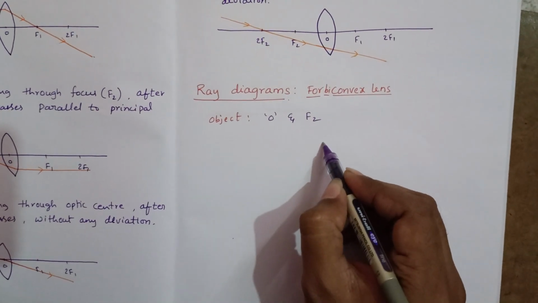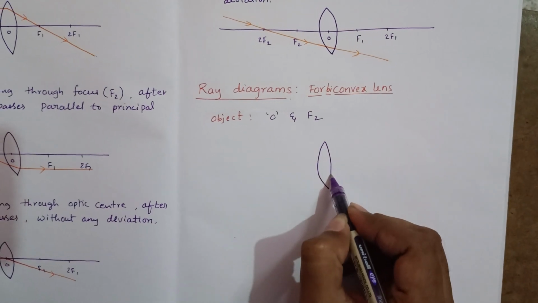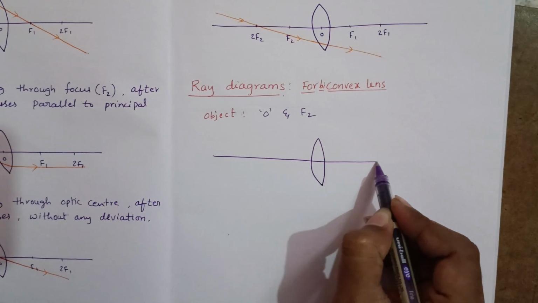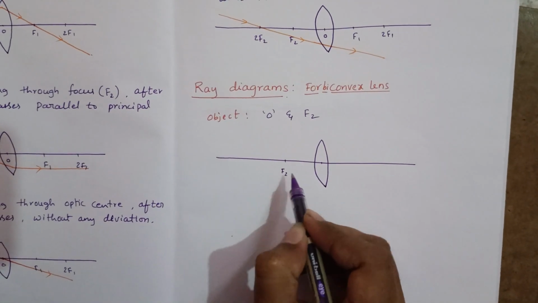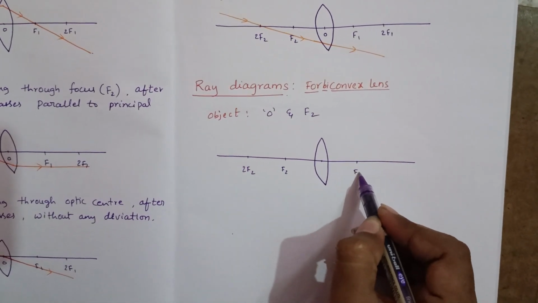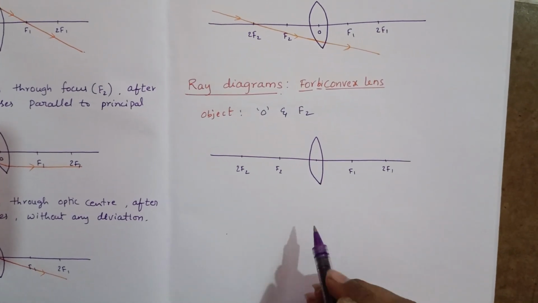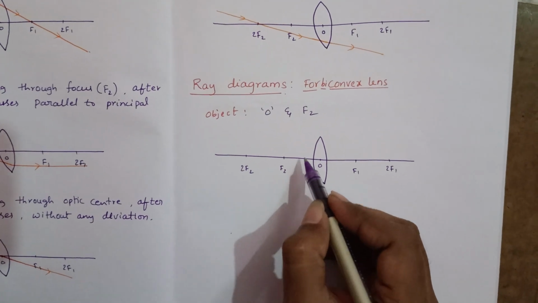Now this is the biconvex lens. Principal axis, optic center, f2, 2f2, f1, 2f1. Now an object is placed between optic center and f2.